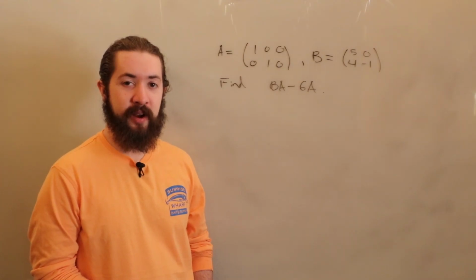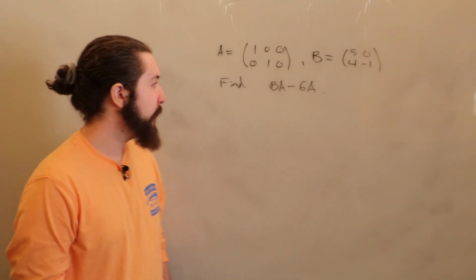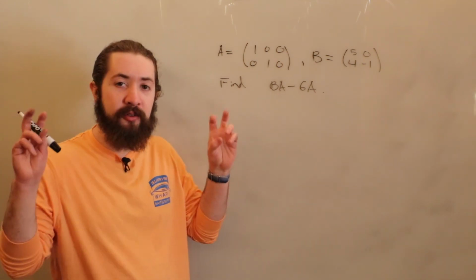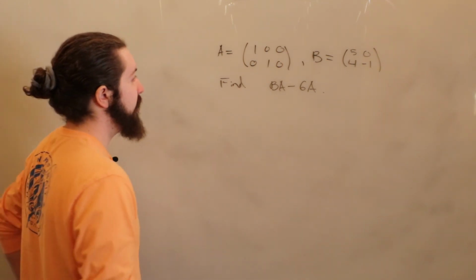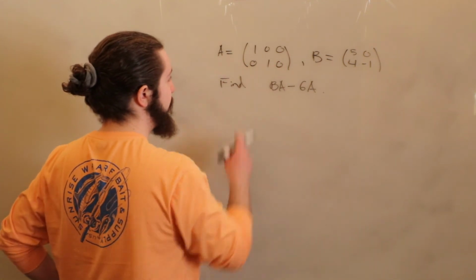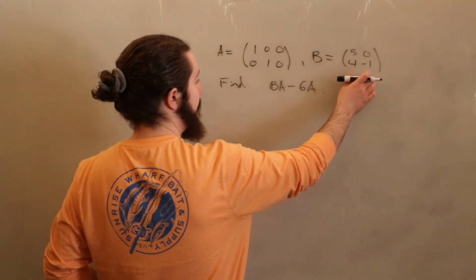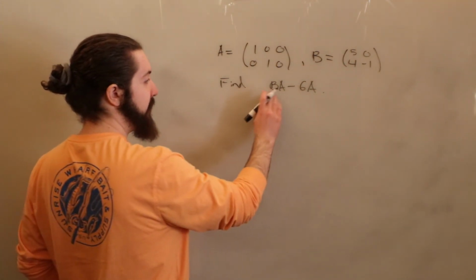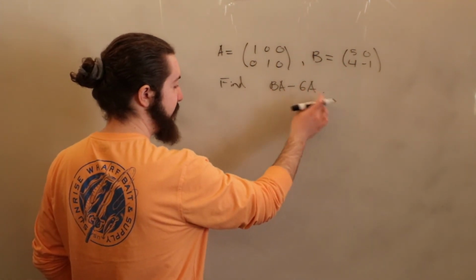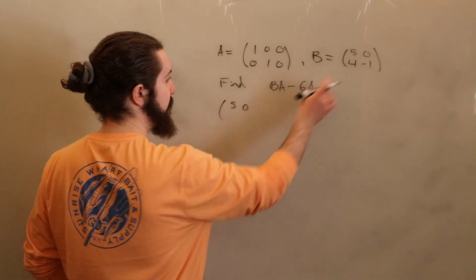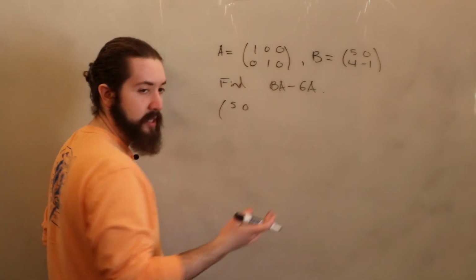Alright, let's put together everything we've seen so far and really explore what I'm now in a position to call the algebra of matrices. So we have a matrix A, which is 2 by 3, and a matrix B, which is 2 by 2. Let's take B times A in that order and subtract 6A. B times A, is that going to be well defined? Well, 2 by 2, 2 by 3, yes it is.